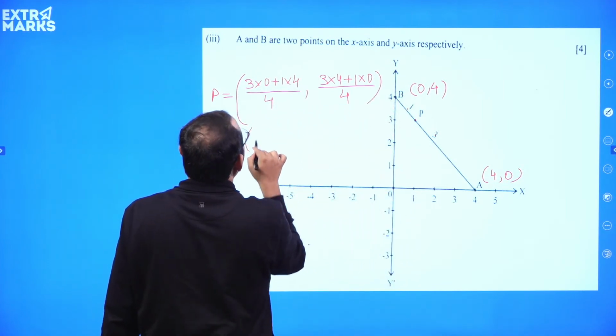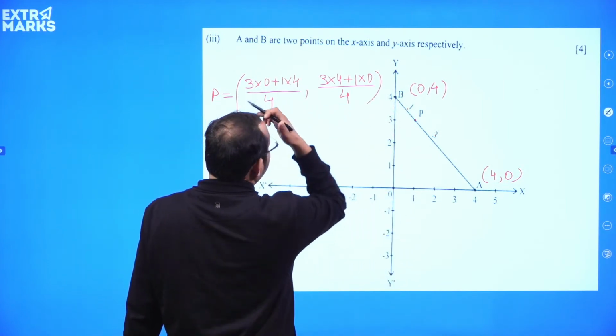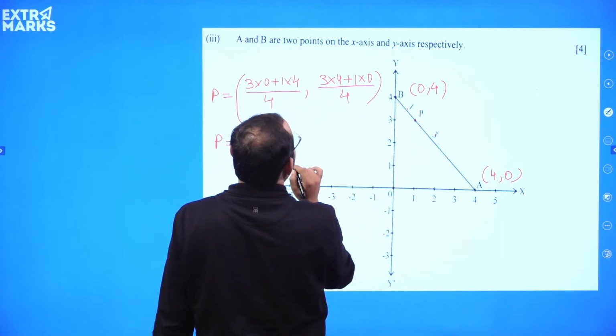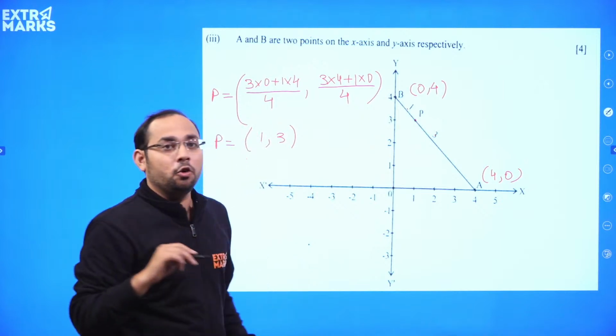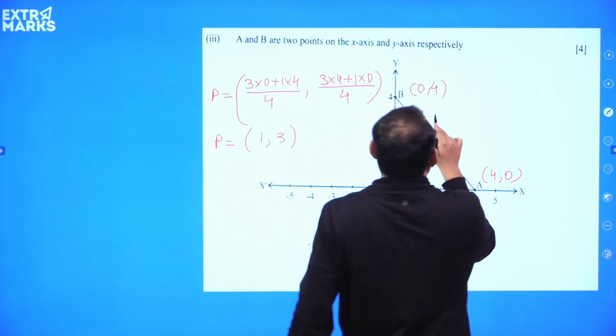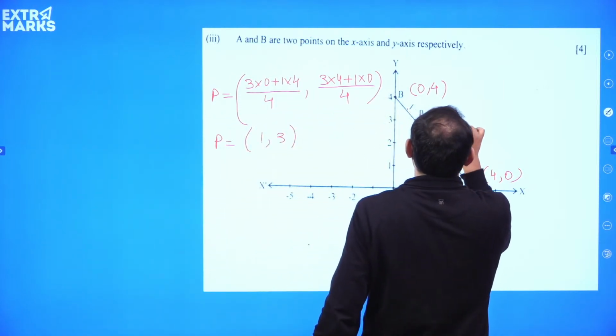So P is 4 by 4, 1, and 12 by 4, 3. So 1, 3. We have got the coordinates 1, 3.